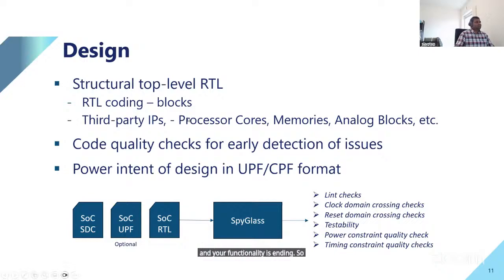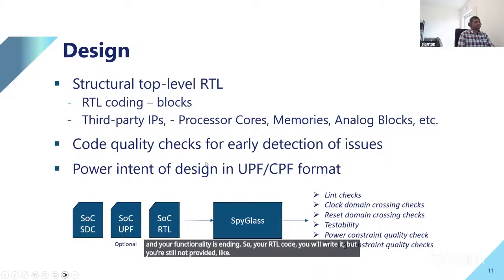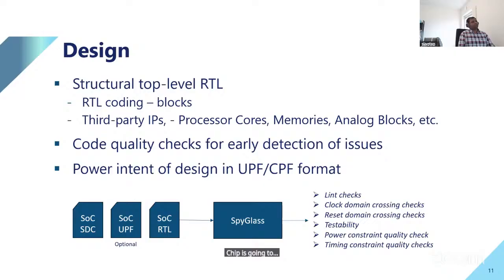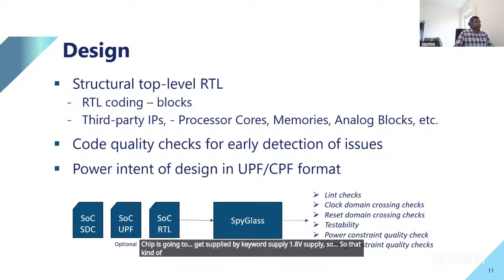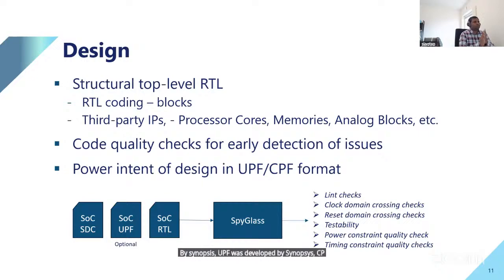So you will write your RTL code, but you still have not provided power information of that chip, whether your chip is going to get supplied by a 3 volt supply or 1.8 volt supply. That kind of information we provide in either UPF format or CPF format. This unified power format is a common power format. Earlier there were two power formats: UPF was developed by Synopsys, CPF was developed by Cadence.